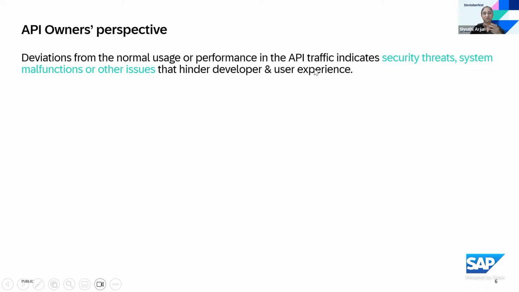So this probably is a symptom of a certain security threat. It might indicate that there are malfunctions in the system. It might indicate operational issues in the system, right? The health of the system probably is not great. This, in turn, how does this impact business? All APIs are consumed by developers, right? There is somebody who is calling this API to get a certain response.